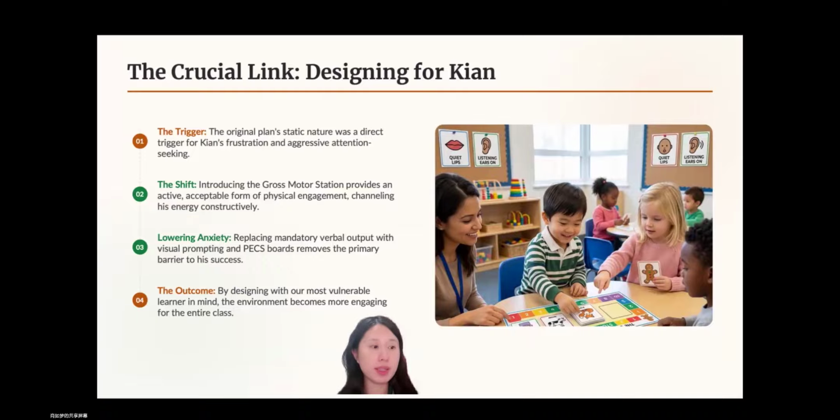By replacing mandatory speaking with visual prompting and PECS boards, I removed the primary barrier to his success. He no longer needs to throw a toy out of frustration because we've given him a safe, successful way to communicate.